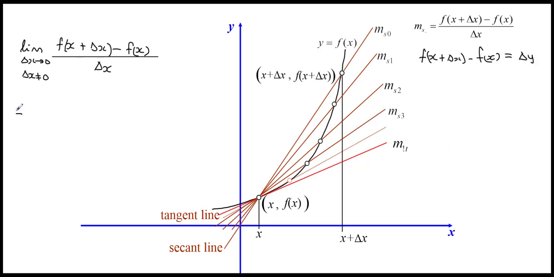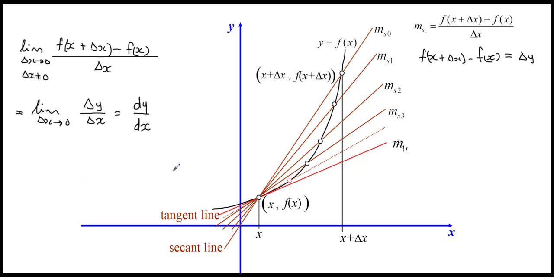So we're simply calculating the limit as delta x approaches 0 of delta y over delta x. Now, a limit may exist or it may not exist. In the case that this limit exists, it is called the derivative of the function y with respect to x.